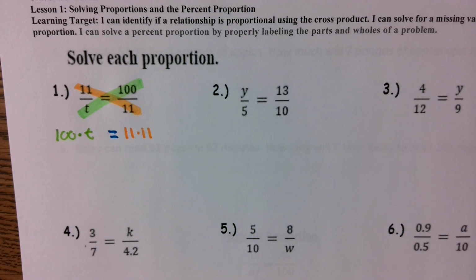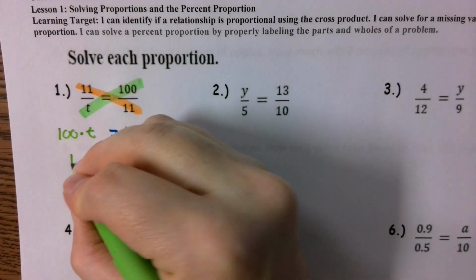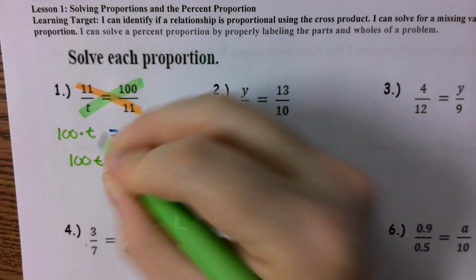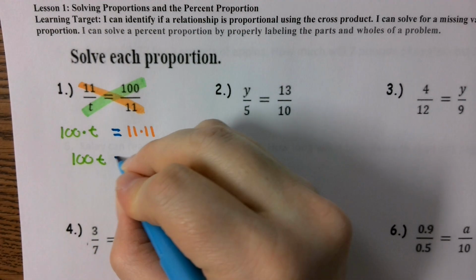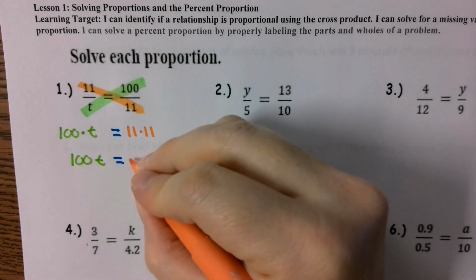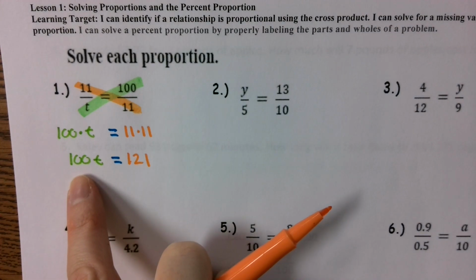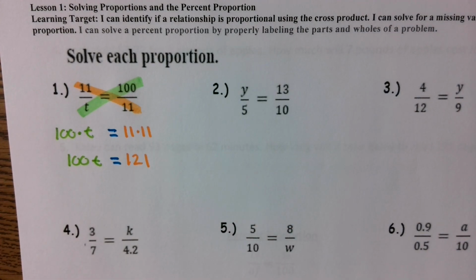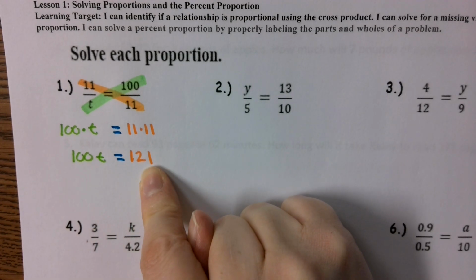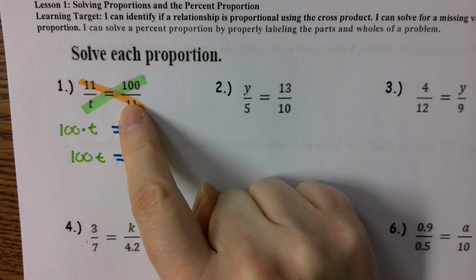So when I'm creating my equation, I actually have the equation 100t is equal to 121. And then, of course, I can go ahead and solve. We know that once we've multiplied, we then can divide by that 100. Okay, again, it's just as equally important to know that this equation represents this proportion.